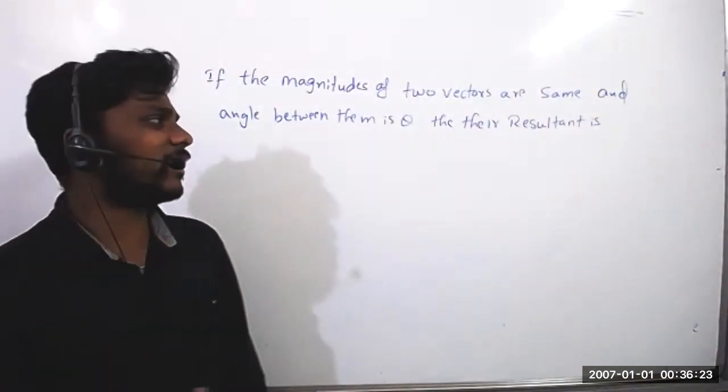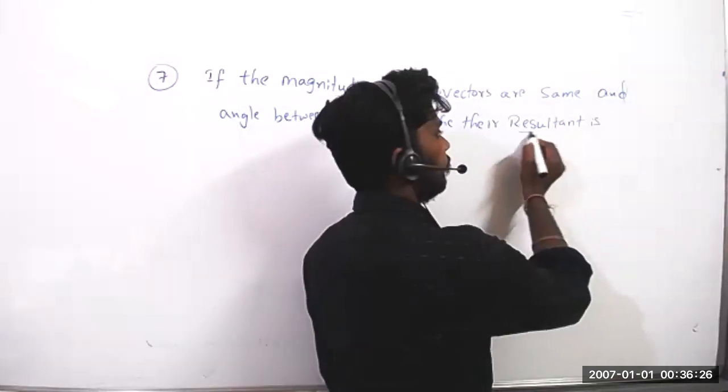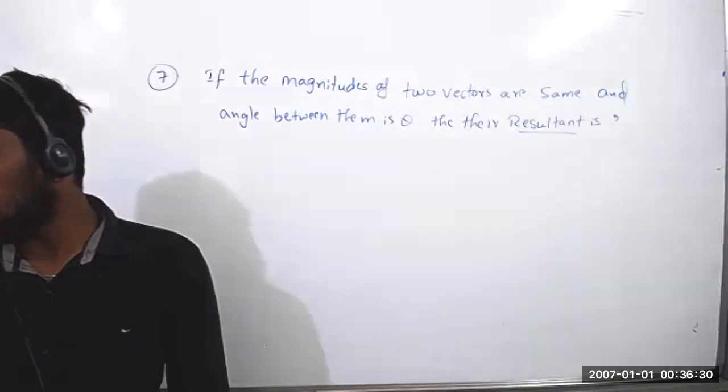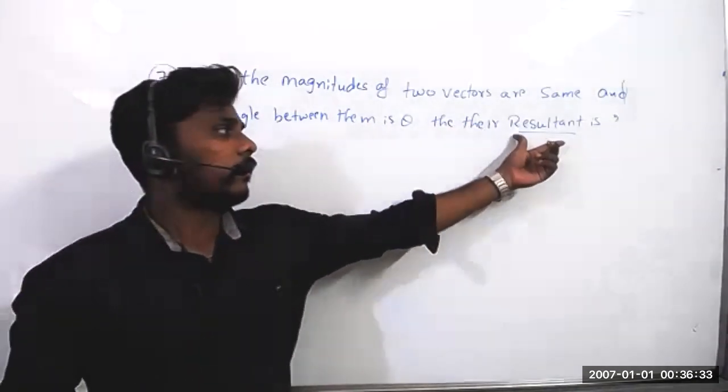It is very easy. What are they asking? Come on, everyone should participate, okay? Don't sit silently. They are asking the value of the resultant vector.